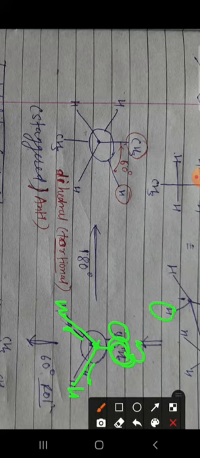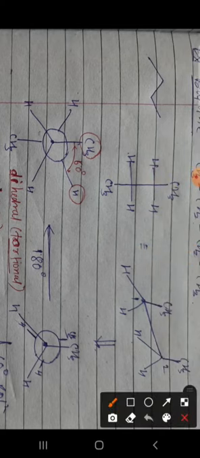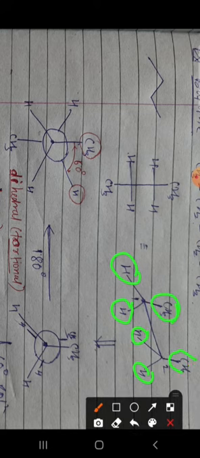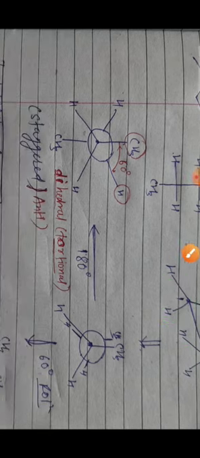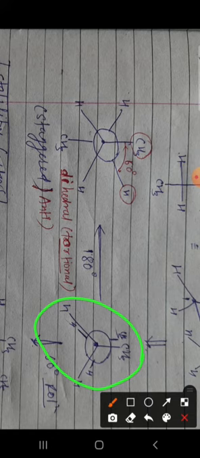This hydrogen is eclipsing with this, and this hydrogen with this, and CH3 eclipsing with CH3. So we have drawn the Newman projection for the butane molecule.